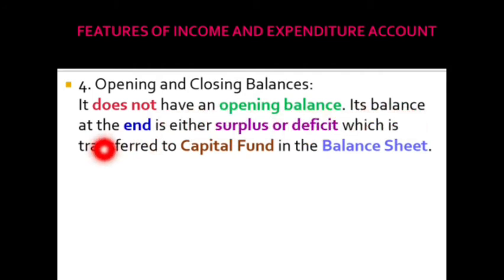Its balance at the end is either surplus or deficit, which is transferred to capital fund in the balance sheet. So it does not have opening balance, but in closing balance we may have surplus or deficit, which is transferred to capital fund in the balance sheet.